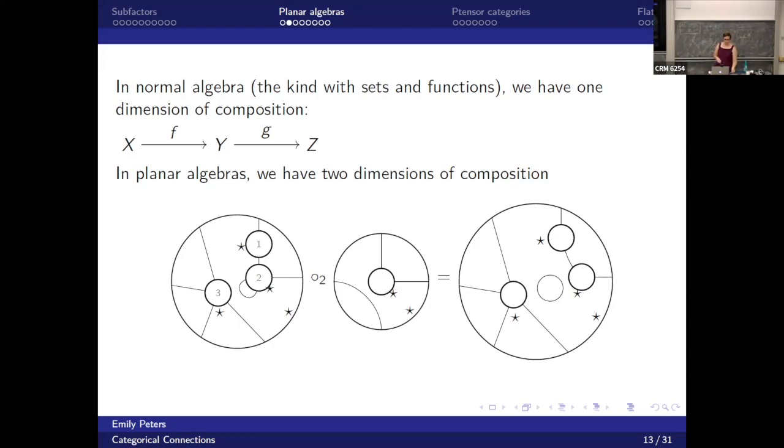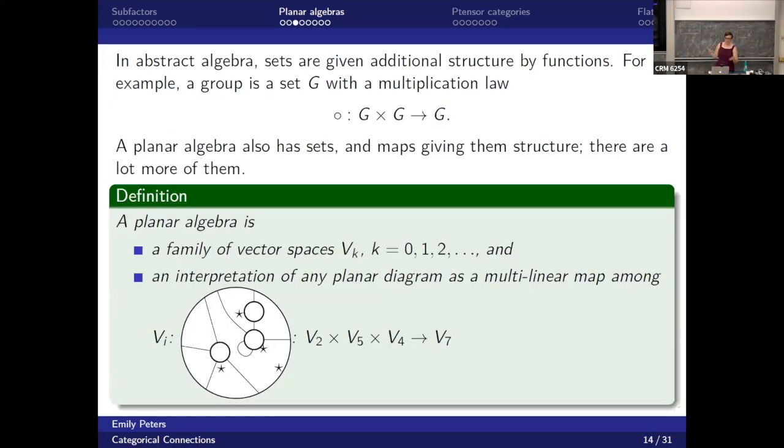Okay, so such planar diagrams form an operad, and we call a planar algebra something that has an action of this operad. So we have a family of vector spaces, and we think that all of these different circles on the inside are places where we can put in an input. And we should get a final output corresponding to whatever type of output disk we get.